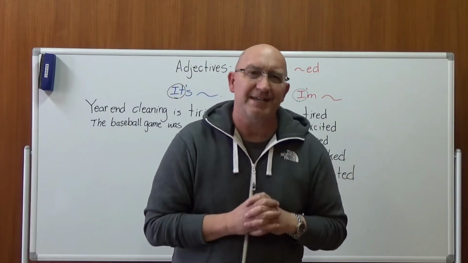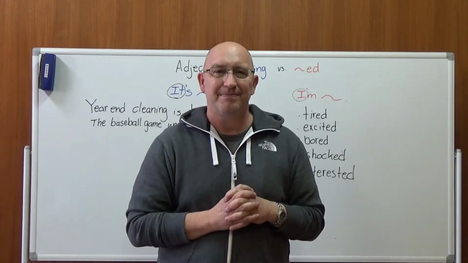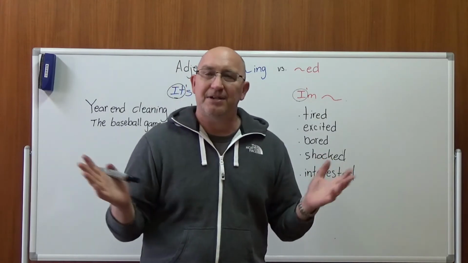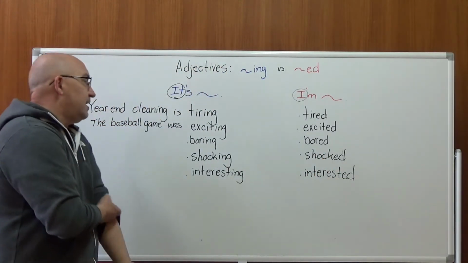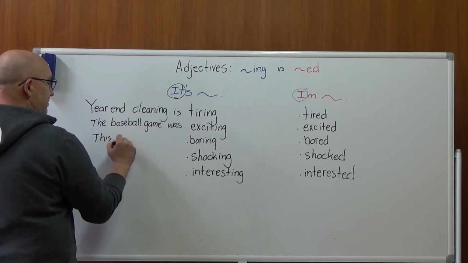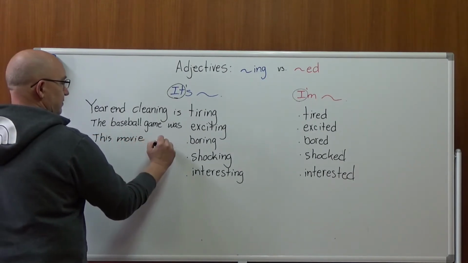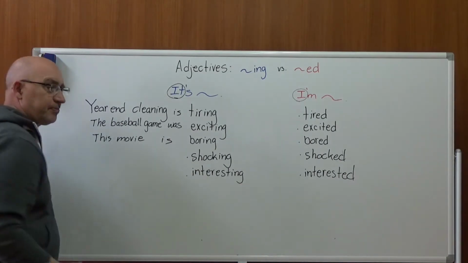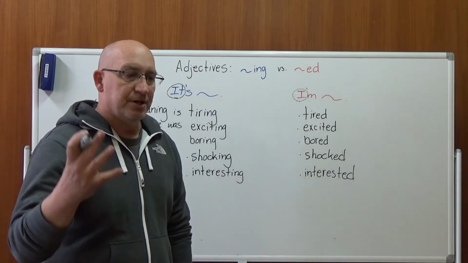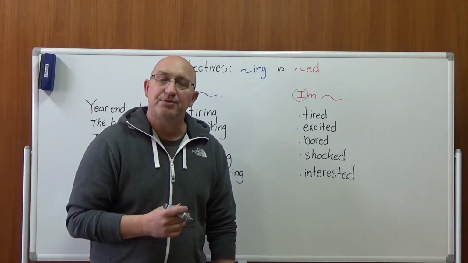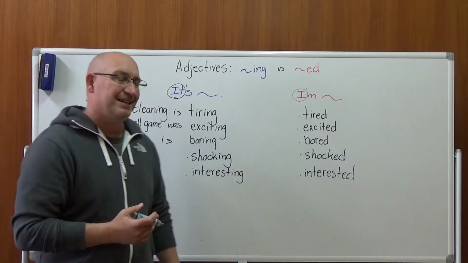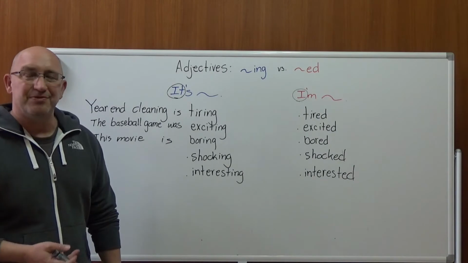What do you think is boring? Well, the same with exciting. There can be many, many ideas. For example, maybe you are watching a movie on TV, or you are streaming a movie. Maybe you go to the movie theater, but the story is not good. Maybe your feeling is, this movie is boring.